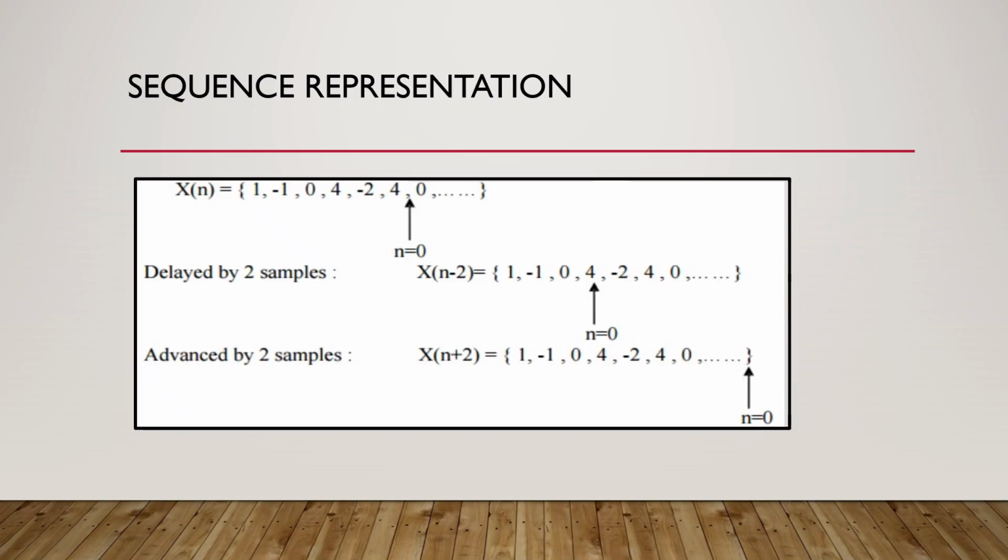Delayed by 2 samples, that is x of n minus 2, will point to the 4. Advanced by 2 samples, x of n plus 2, will point to the value two positions after.